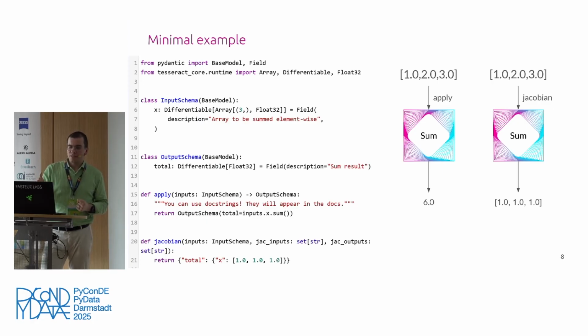There are caveats here, because if you see how these x and total are type annotated, the hints here are a bit weird. We had to introduce our custom annotations here, and that's because Pydantic out of the box doesn't really support numeric types, or types that you would use in computational science, that well. But this also gave us a lot of flexibility in terms of how we serialize this stuff and do a lot of operations.